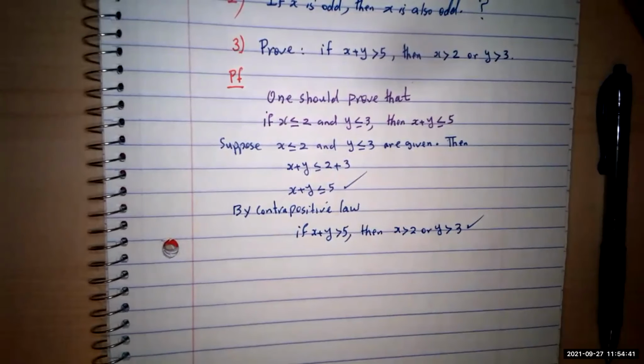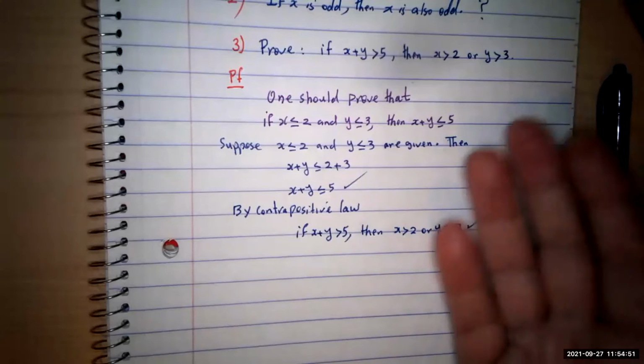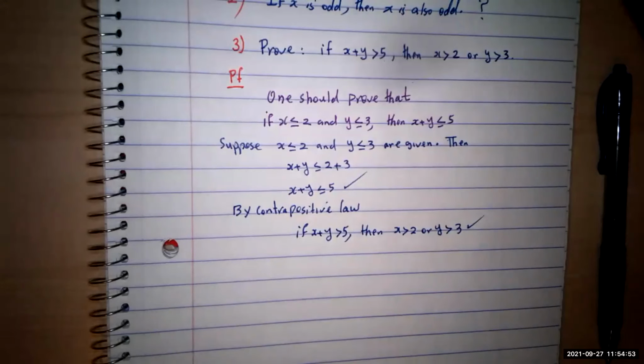Any question? So don't be surprised. This is an easy proof, but it's important to organize it. If you don't start with the idea that you are proving the contrapositive equivalent, your proof is not sound. Any question?